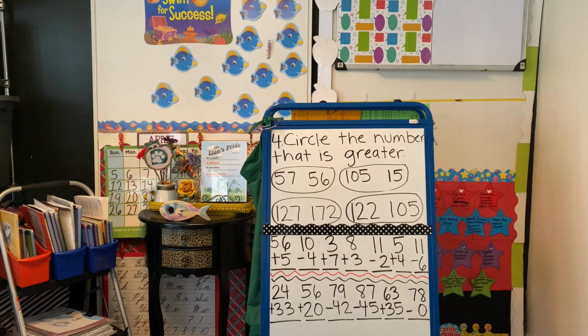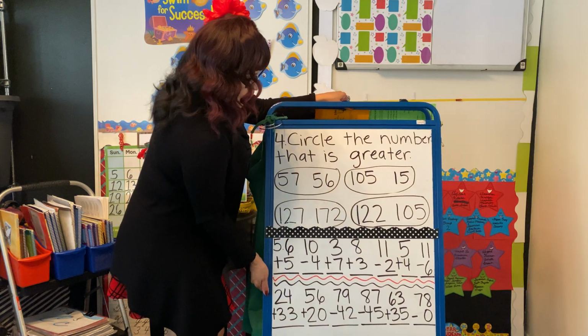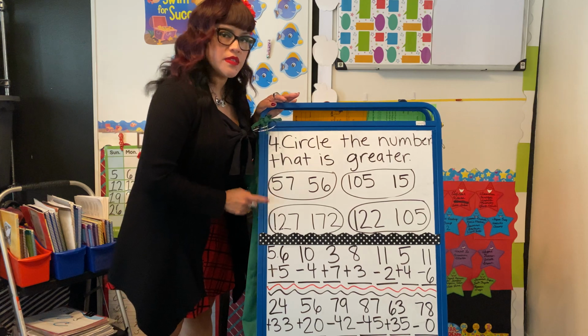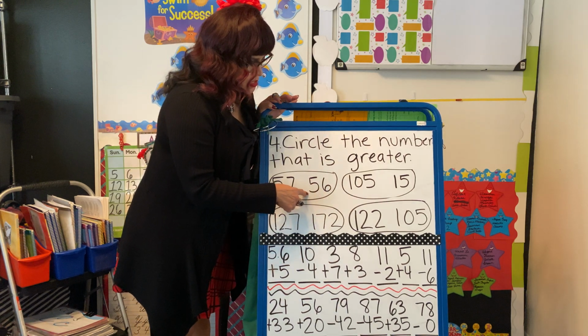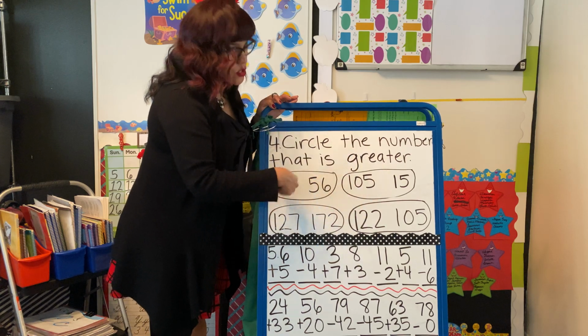All right, so for number 4, the directions say circle the number that is greater. Okay, you're going to be comparing, there's 4 answers that you need to provide. Let me see if I can scoot this a little closer. Okay, so you need to provide a few answers. You're comparing 57 and 56. So these 2 numbers first, circle the number out of the 2 that's greater.